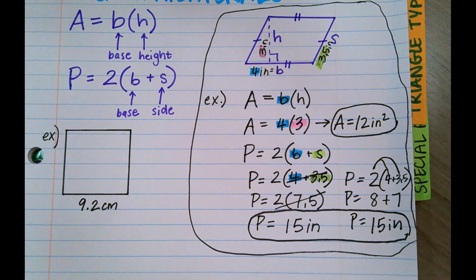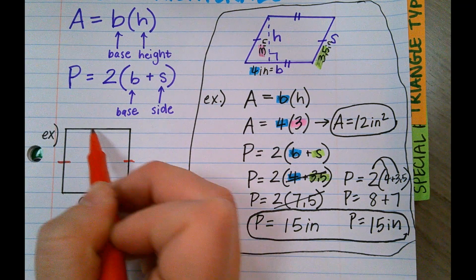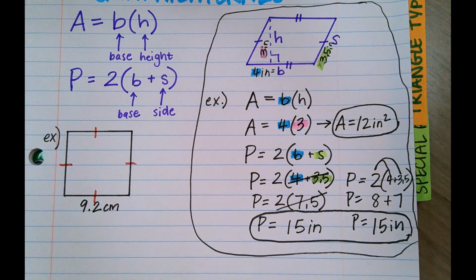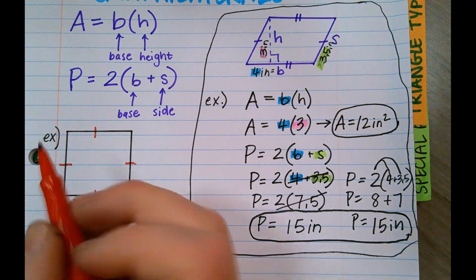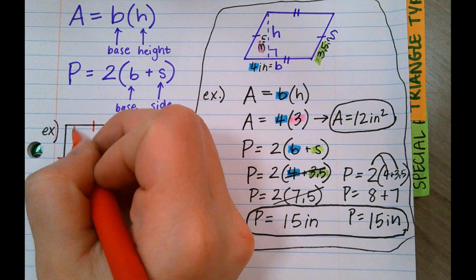Now with the square, a few things that we know. First of all, I would have marked that all 4 sides are equal. We also know that a square has a 90-degree angle here, and all 4 corners, really.